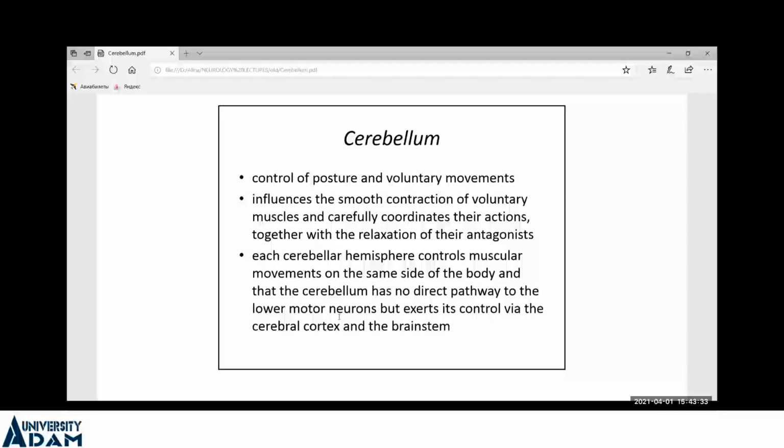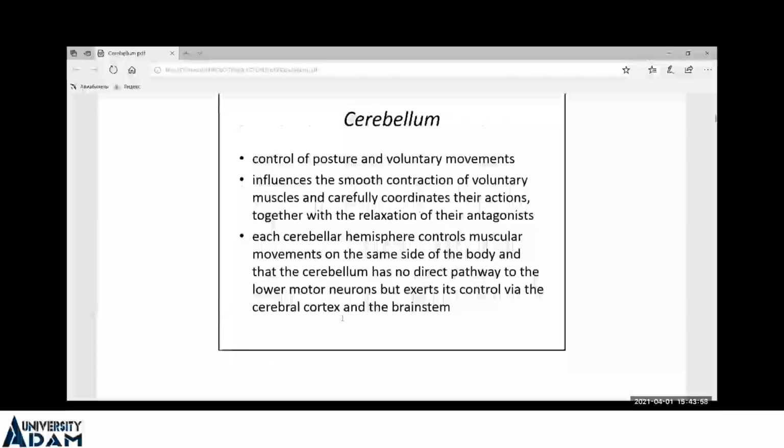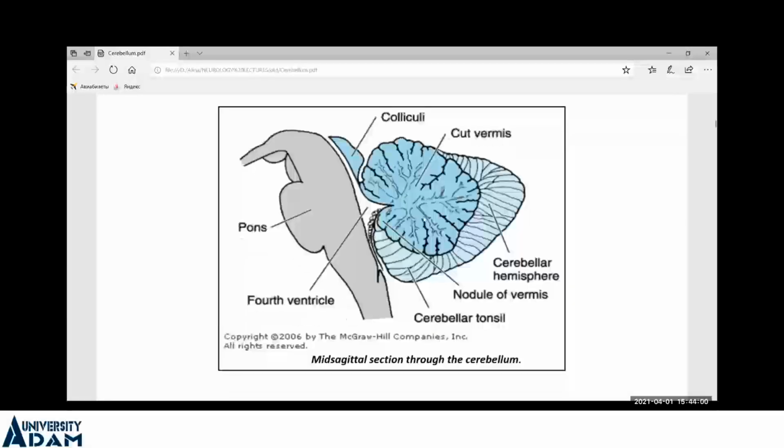Because there was synapsing in the anterior horn. After that, they become the lower motor neurons outside of the spinal cord, because everything that happens inside the spinal cord refers to the upper motor neurons, okay, and it exerts its control with the cerebral cortex and brainstem.